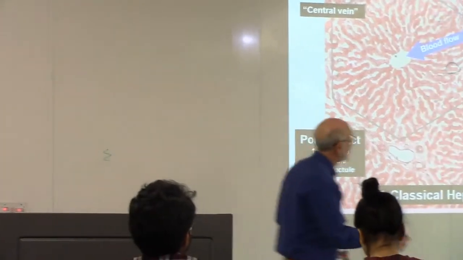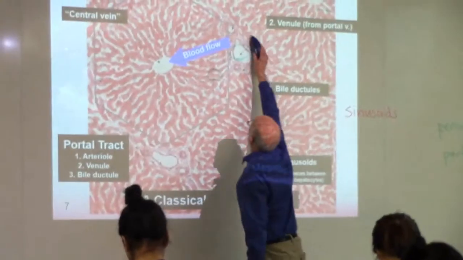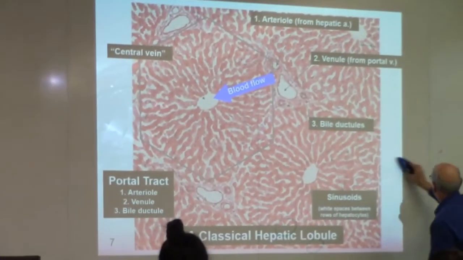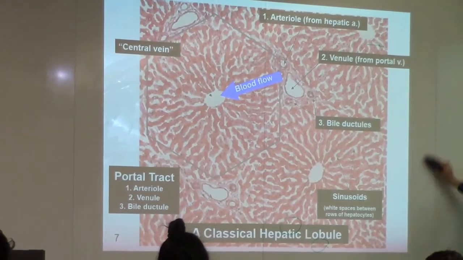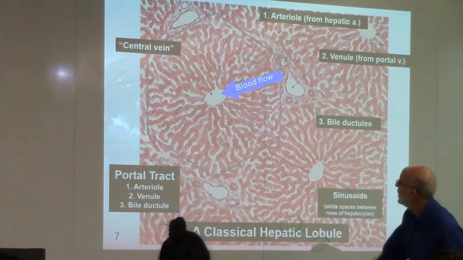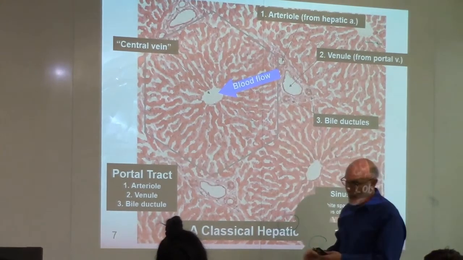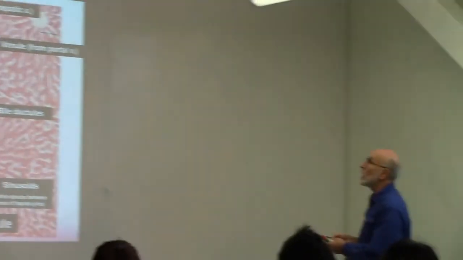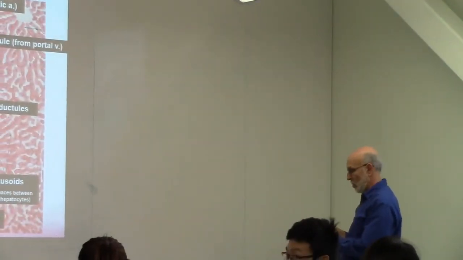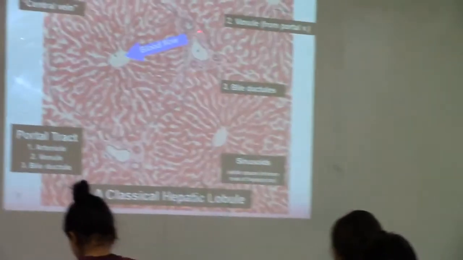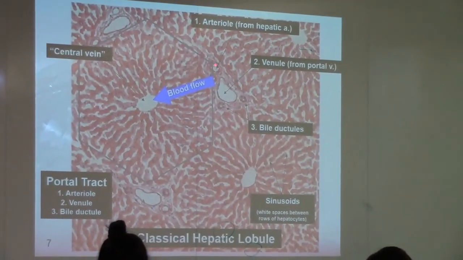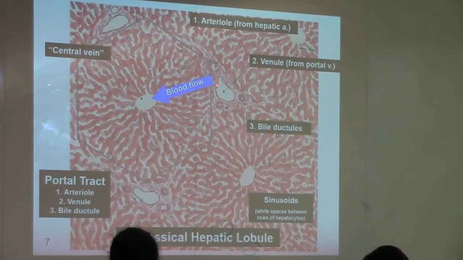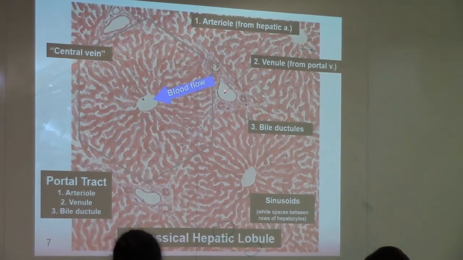So here's an actual micrograph of a sinusoid. So here is the hexagonal array around a sinus, around a lobule. Here is a branch of the hepatic artery. Here is a branch from the portal vein.